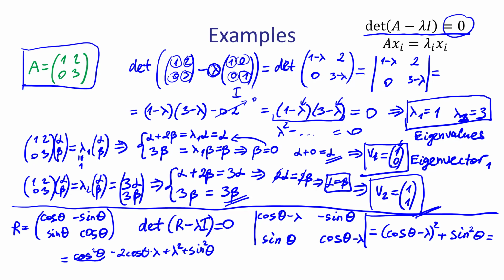So pay attention that cosine square plus sine square together give us 1, because of the trigonometric identity. So you can write that as lambda square minus twice cosine theta lambda, so it's a polynomial in lambda, plus 1. And this should be equal to 0.